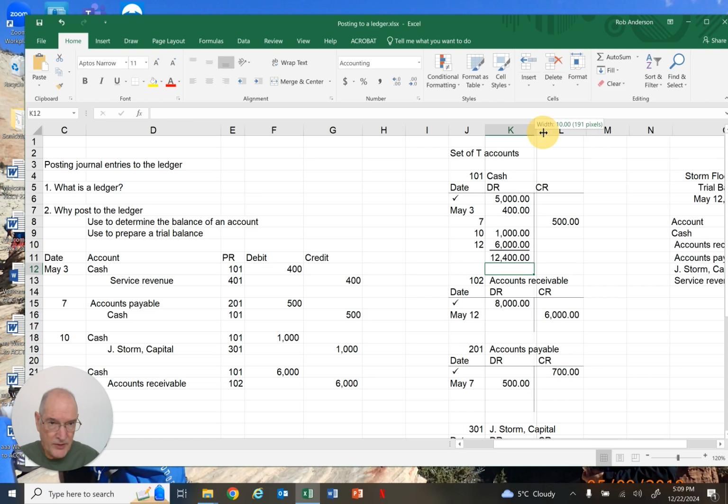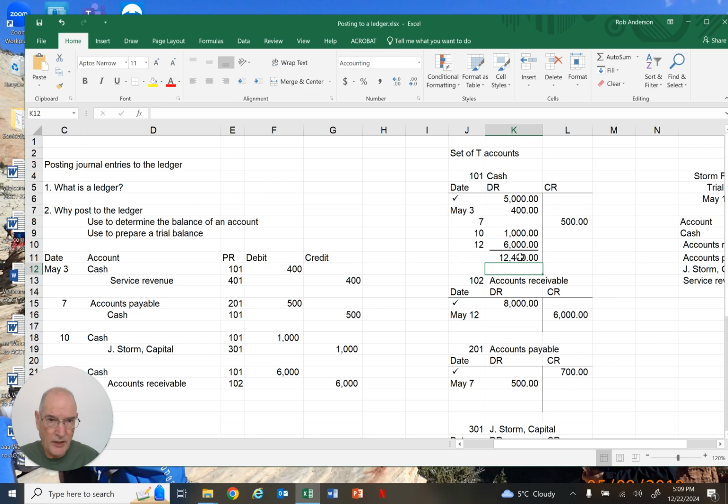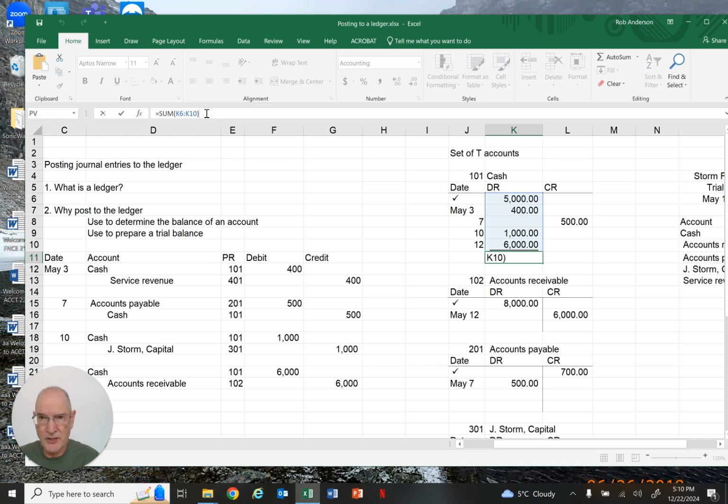Now it's not 12.4 because they didn't subtract the credit. So I'm going to take that, which is the sum of all the debits, and then I'm going to amend this formula by subtracting that $500. So we should have 11.9.